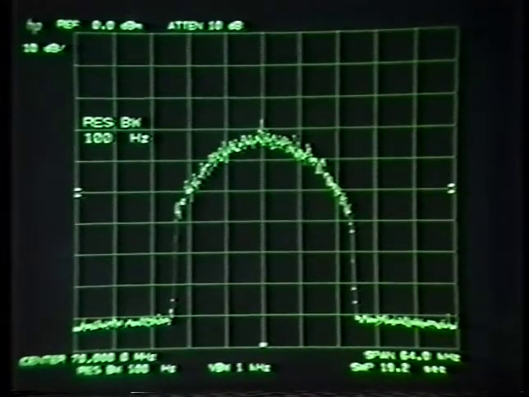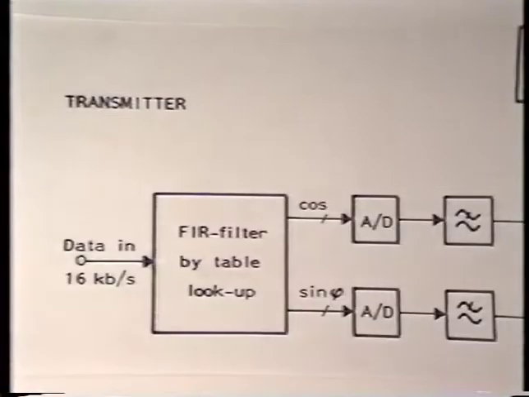The power spectrum measured on a spectrum analyzer, shown for plus minus 2 times the bit rate, is shown here.